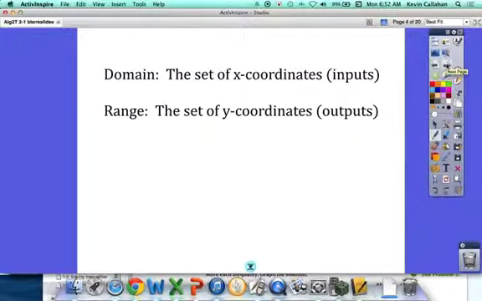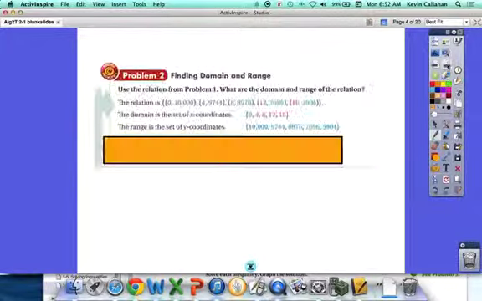Okay, some vocabulary words. Domain and range, which are review concepts for you, but just to remind ourselves, domain is the set of all the X coordinates, the inputs, and the range is the set of all the Y coordinates, the outputs. If we go back to our parachutist problem, here's all the ordered pairs.